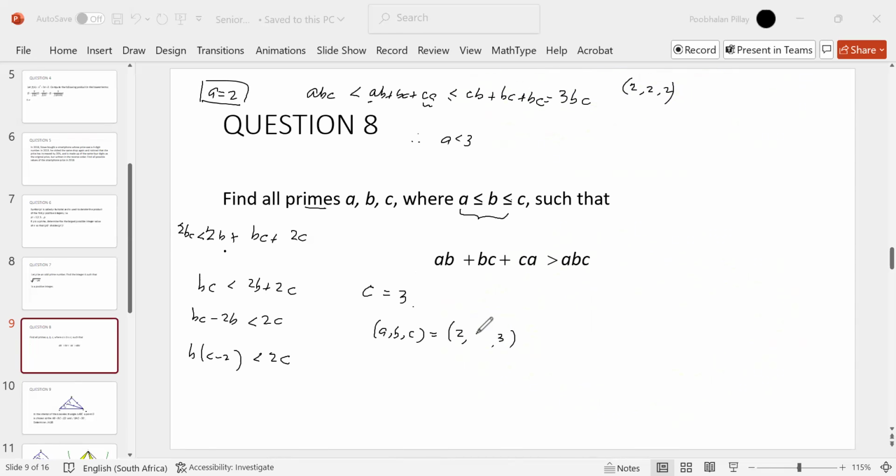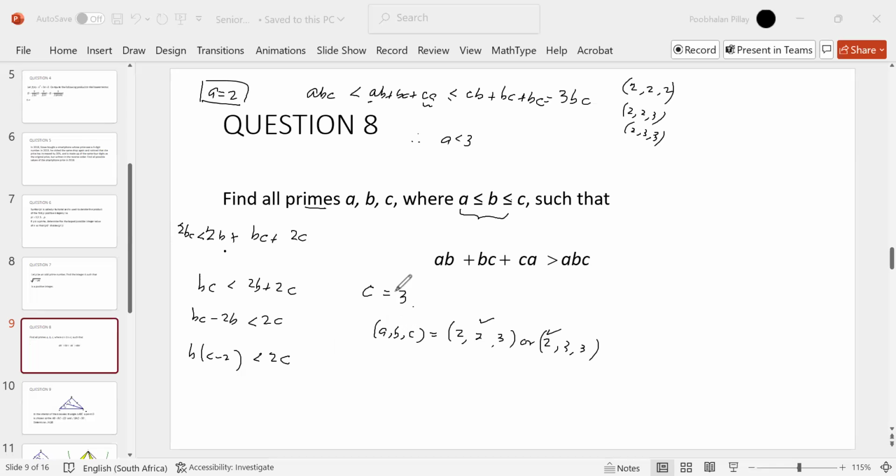And this is a prime number in between. B has to be less than or equal to C. So the only two possibilities here, right? Because A is 2 and C is 3. The only prime numbers between 2 and 3 are 2 and 3. All right. And you'll see that this works and that works also. So you have 2, 2, 3 is the solution, and 2, 3, 3 is the solution. You can try it. You'll see when you substitute, it works.